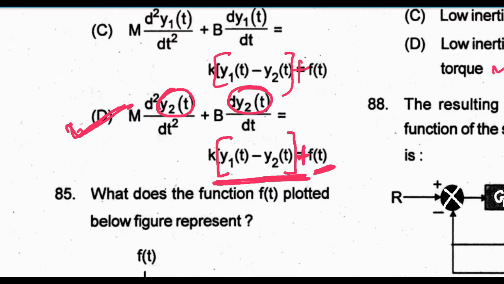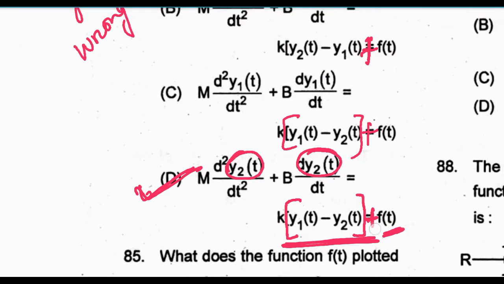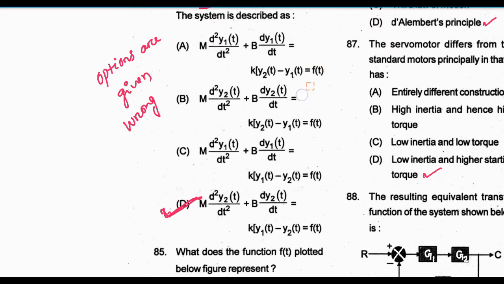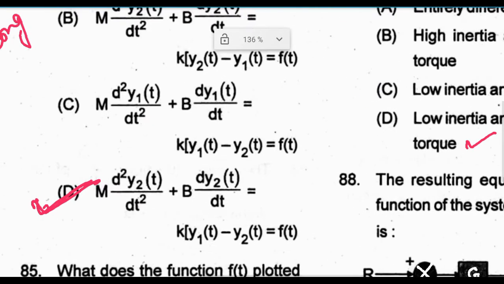So option D is the correct answer. I want to clarify that all the options are given wrong here, because in all the options the bracket should be started and ended, and plus should be there, because k is multiplied with both y1 and y2.